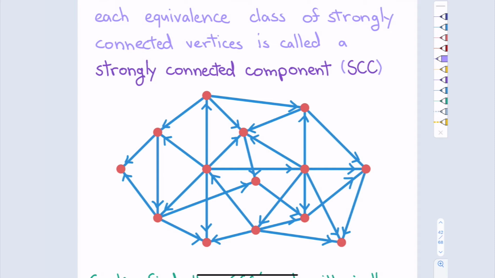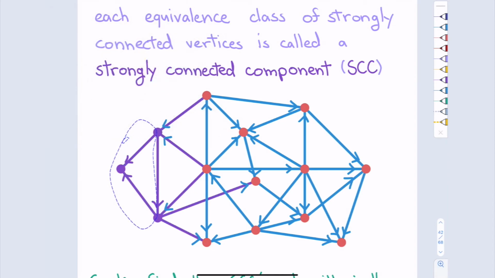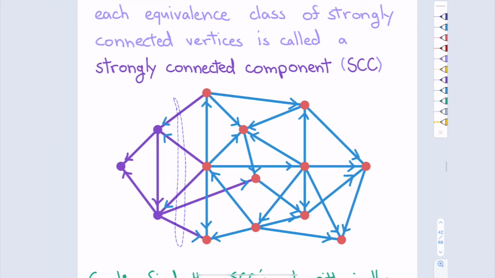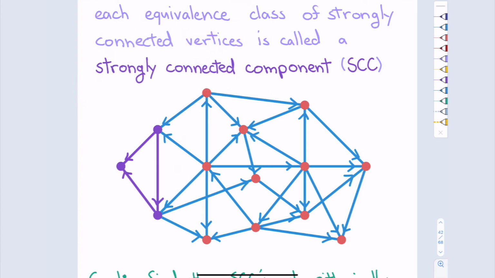So for example, we have this triangle here where everyone is strongly connected amongst themselves, but not strongly connected with anyone else.